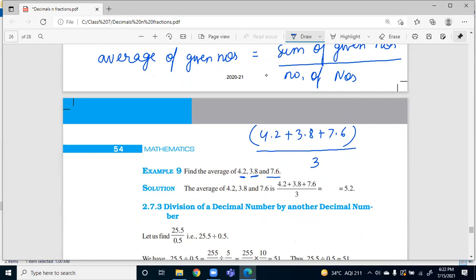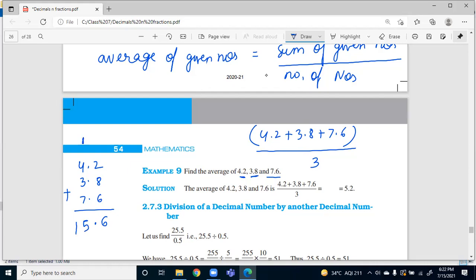Okay, so add this: 3, 4.2, 3.8, 7.6. So I will be adding them. 8 plus 6 is 14, 14 plus 2 is 16. So carry over is 1. Ma'am, 15.6 upon 3. You are correct.